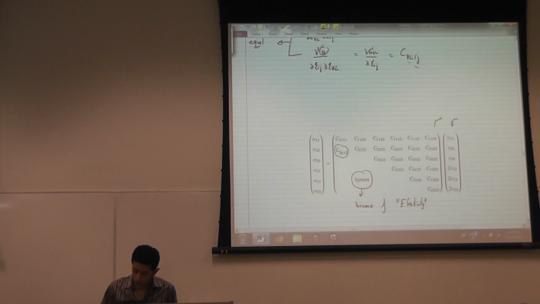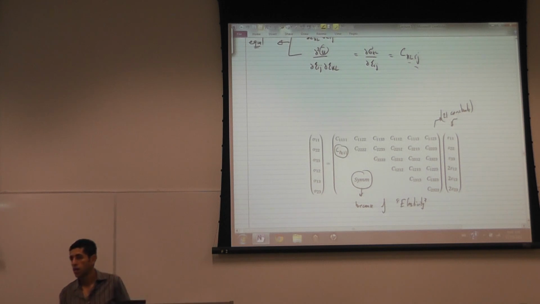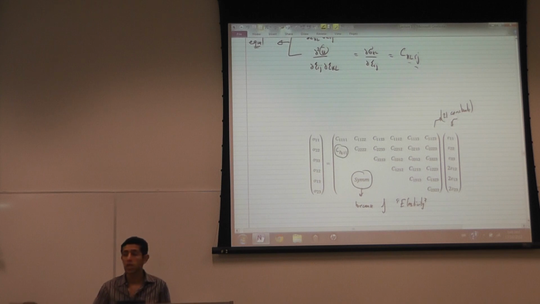So now we have 21 constants. Now a general anisotropic material, a material that does not have any symmetries, when you pull in any direction, you actually get shear strains in all the directions. These are general anisotropic materials, and you need to devise a set of experiments to come up with 21 constants here.